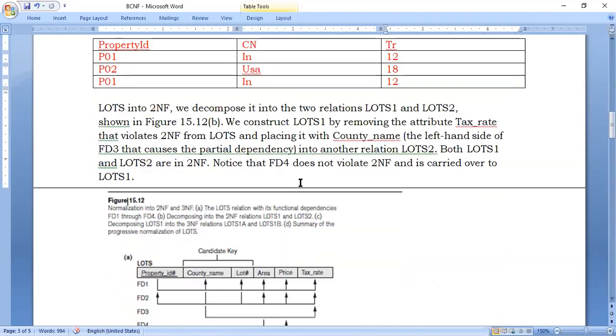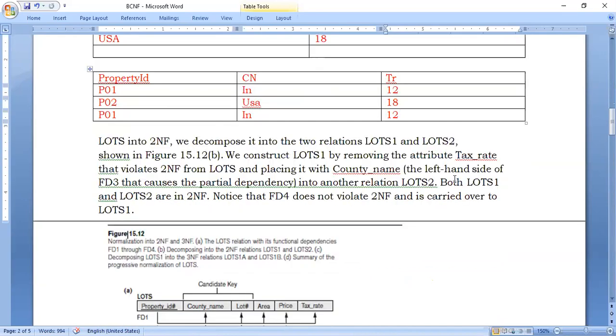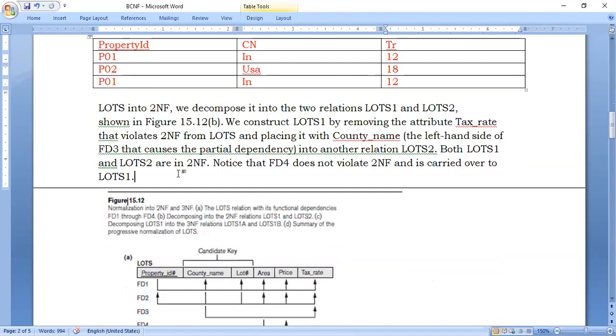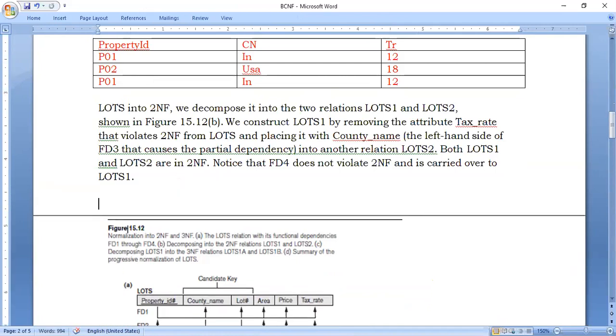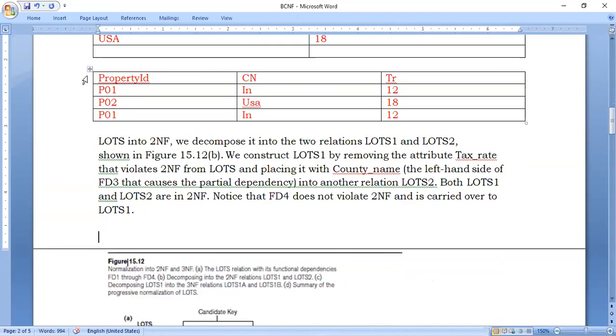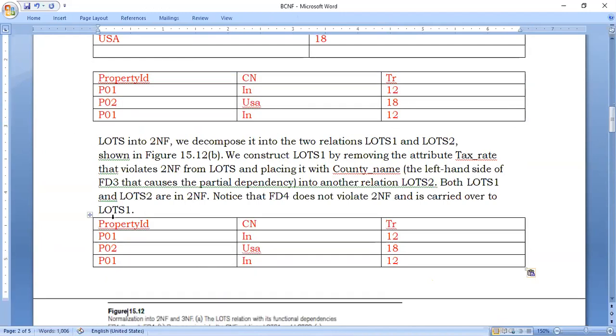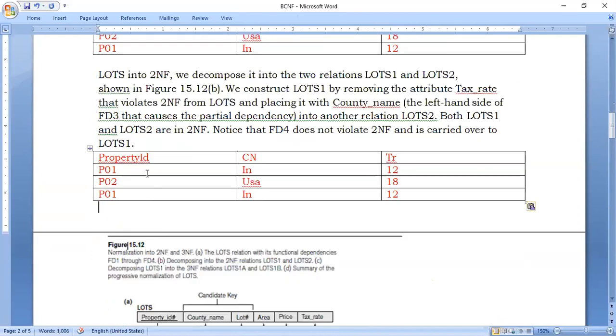So to understand this example, let us take some attributes so that you understand. I will take, again, the same table here. I will take the same property ID, but instead of country name, I will take area.